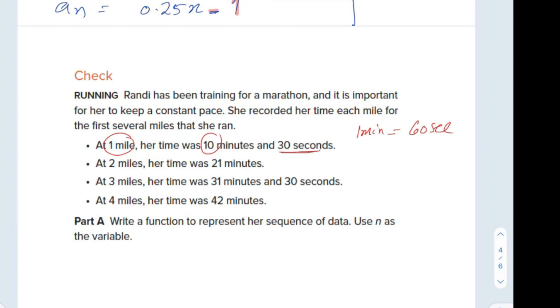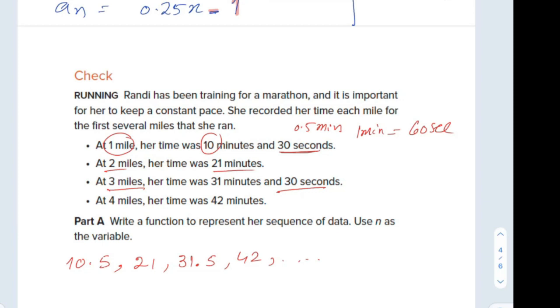So that means 30 seconds is just 0.5 minute. So the first term here will be 10.5. The second term will be 21. At 3 miles, it will be 31.5 also. The fourth term will be 42 miles, etc.